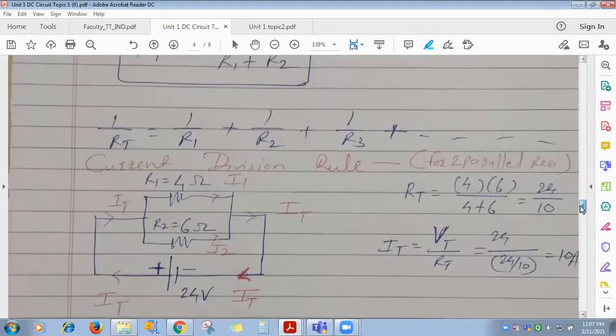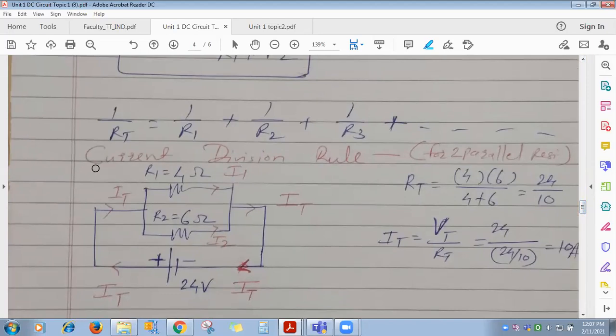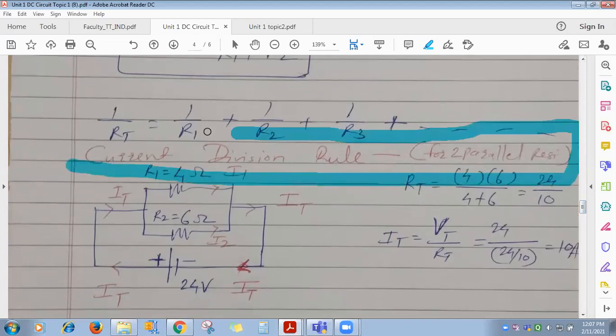Again, you can apply the current division rule for parallel resistances, and again the same thing: how many resistances must be in parallel? Only 2. If more than 2, suppose 3 are there, then for any 2 you represent the equivalent, that is R1 into R2 divided by R1 plus R2. You will get R equivalent of 2 and then the third one is parallel to it, and then go for current division.